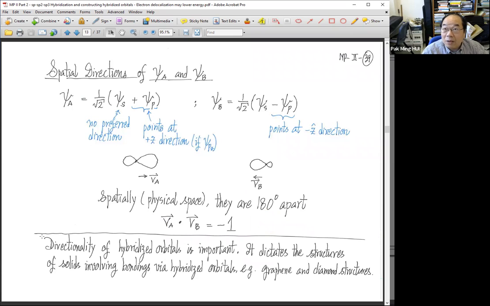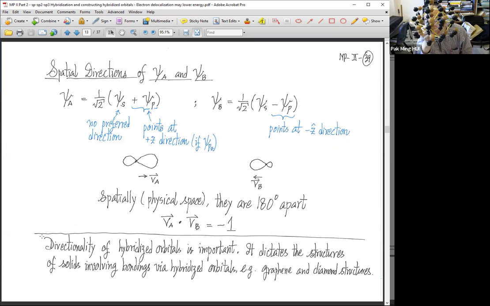Next time, but a long time away from now because you have the so-called reading week, I hope that you really read. This directionality of the hybridized orbitals is important because although it's local, if you use sp3 hybridization, at the end you can propagate out into something that is worth a lot of money.